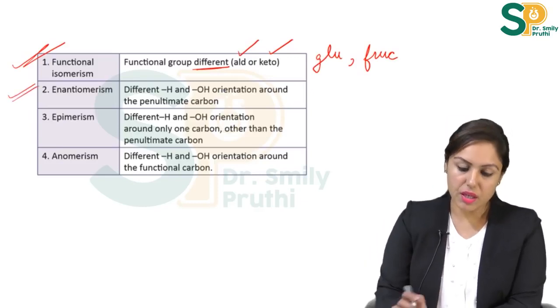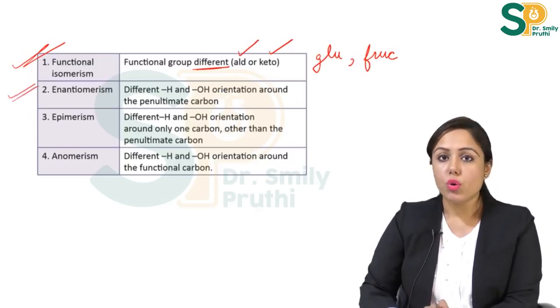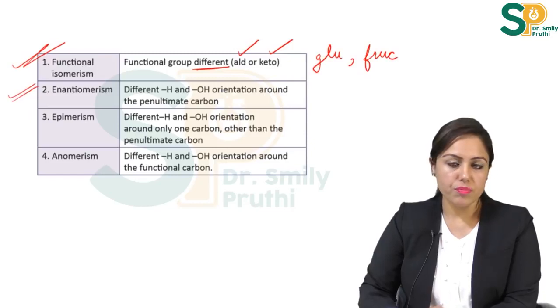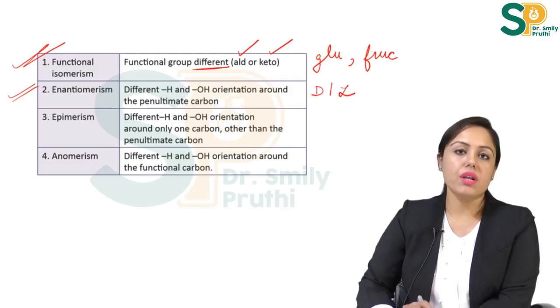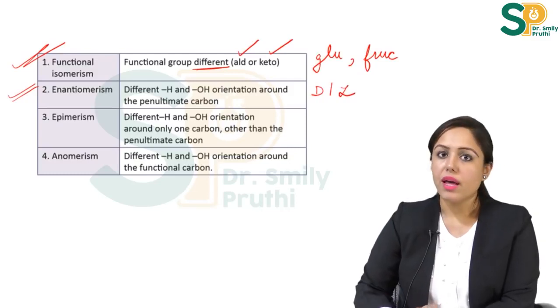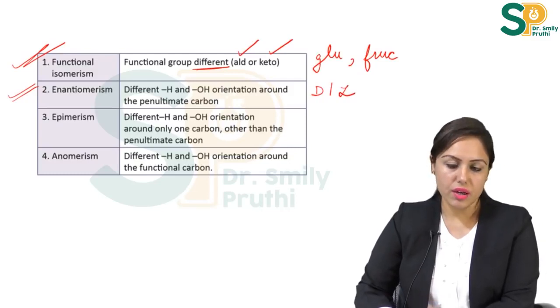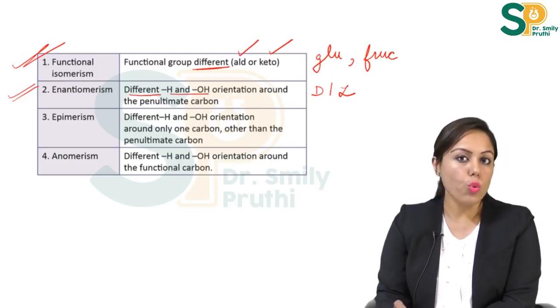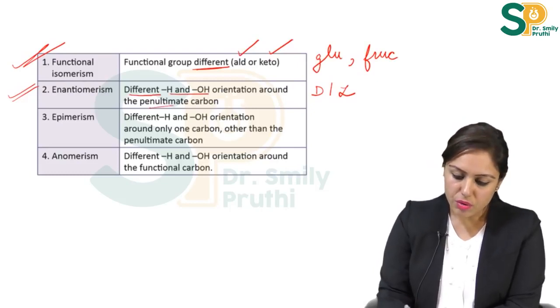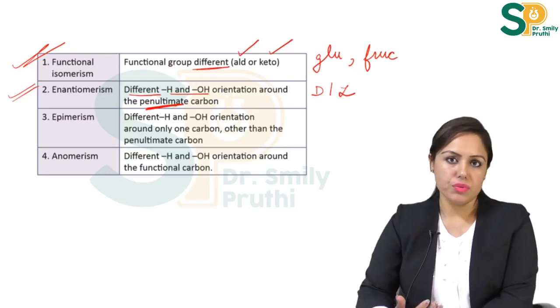Then second is enantiomerism. They are also mirror images of each other and they are capital D, capital L isomers. Now the definition here is that in enantiomerism, the isomers have different H and OH orientation around the penultimate carbon.